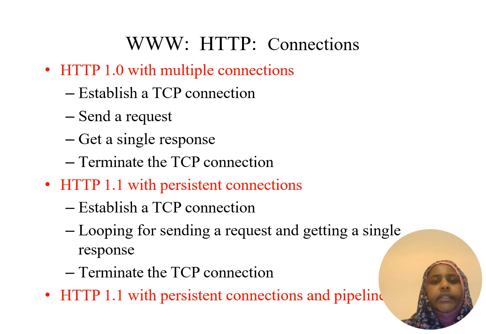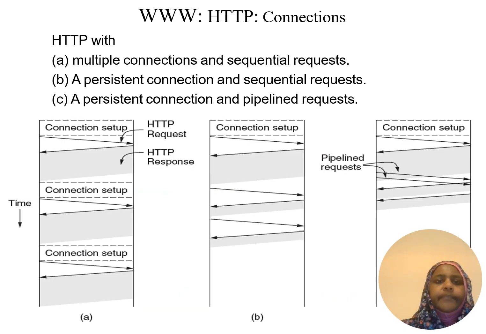Version 1.1 has persistent connections. It establishes a TCP connection, loops to send requests and get single responses, then terminates the TCP connection. Version 1.1 also has persistent connections with pipelines, as we shall see. Here in figure A, there are multiple connections and sequential requests using version 1.0.